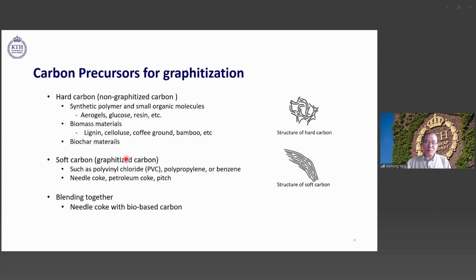Unfortunately, most of the soft carbon is petroleum-based. And we have quite a lot of biomass-based carbons, which we talk about, which unfortunately are hard carbon, or you can say non-graphitizing carbons.